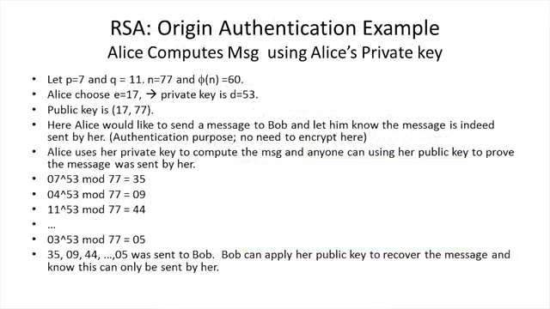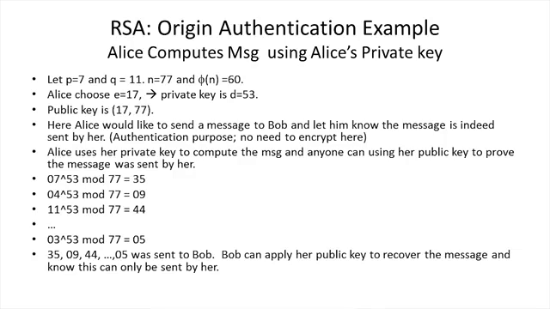Now RSA, we try to apply it to authenticate the origin. Alice computes the message using Alice's private key. Alice's public key is 17 and 77. The private key is 53 and 77.